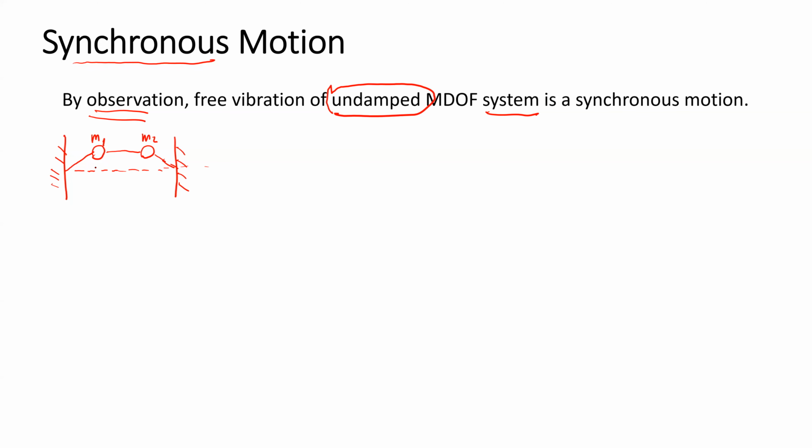Both masses M1 and M2 will pass the equilibrium at the same time and reach another point in the opposite direction at the same time, maybe the maximum point. But the term synchronous means it passes the equilibrium at the same time.